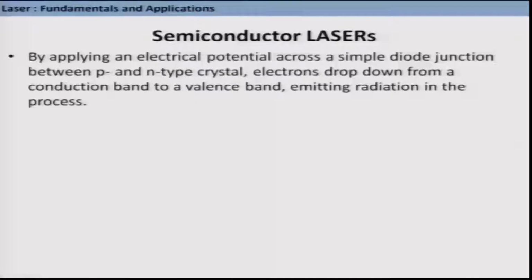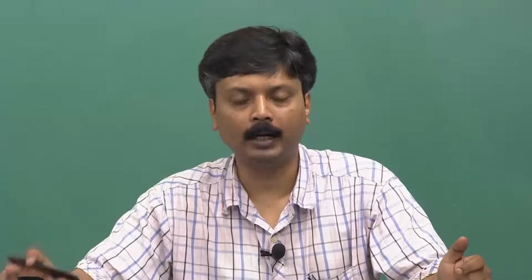So what is done here in semiconductor lasers? Many times we call it diode lasers. By applying electrical potential across a simple diode junction between a p-type and n-type crystal, electrons drop down from a conduction band to a valence band, which emits radiation, and if you can utilize this, you can get laser output from that.